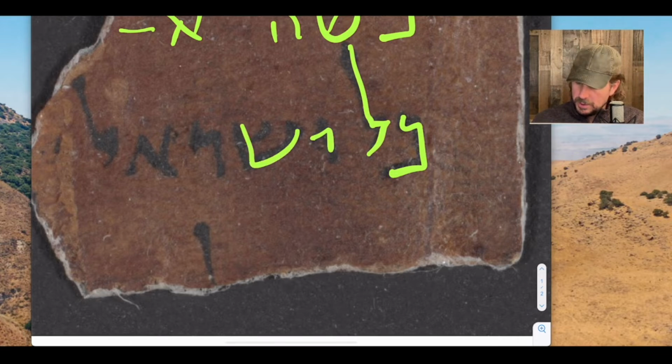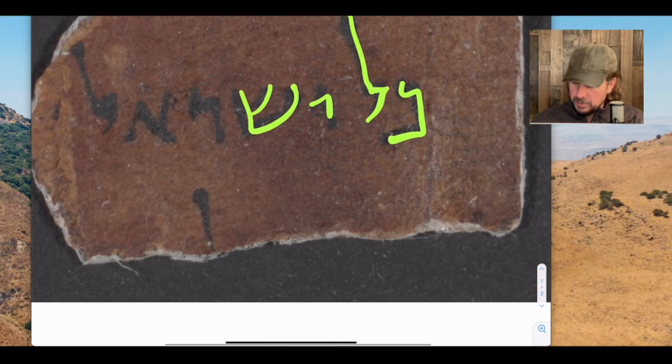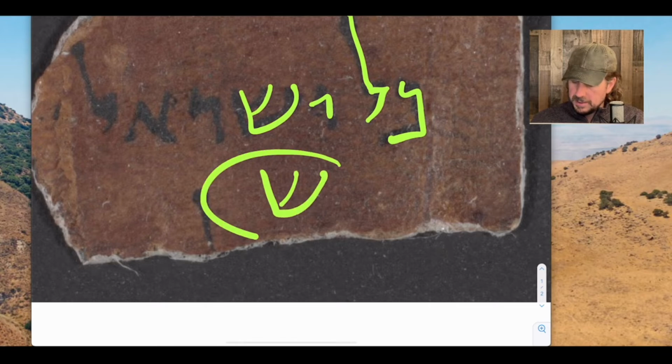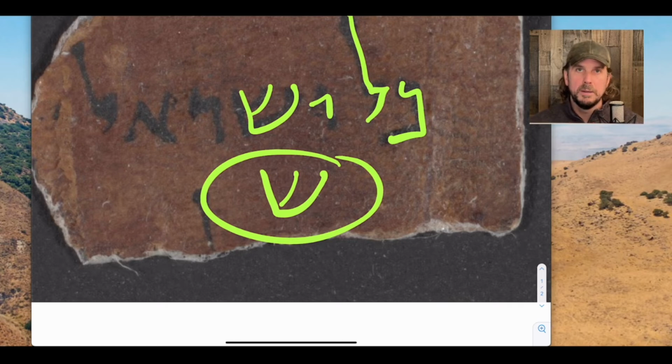Yod, Shin, but remember we pronounce that as a Sin, because this letter does double duty in Hebrew. It's one character, it's one letter, but it can represent two phonemes. So one letter, two sounds.